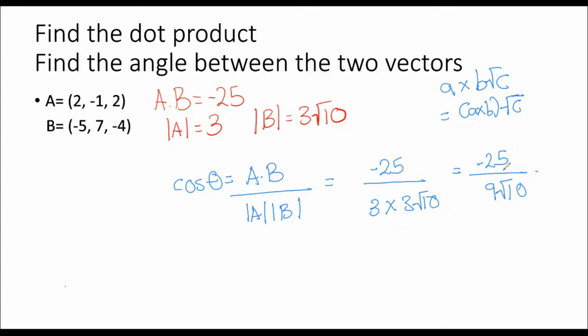In the calculator, I get minus 0.8784. I like to go for 4 decimal places. And then we want to find theta, so it will be the inverse cosine, cos minus 1 of minus 0.8784.